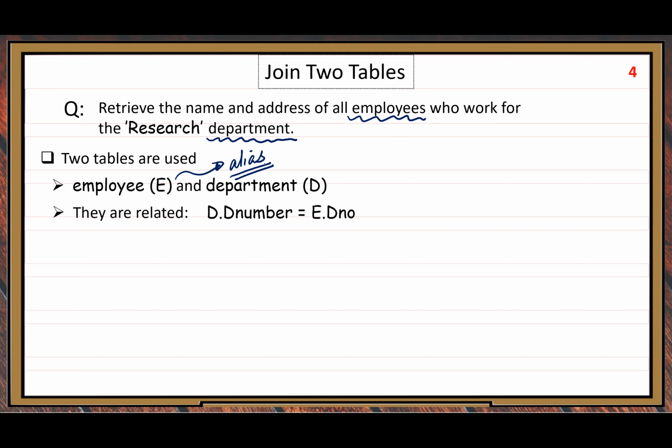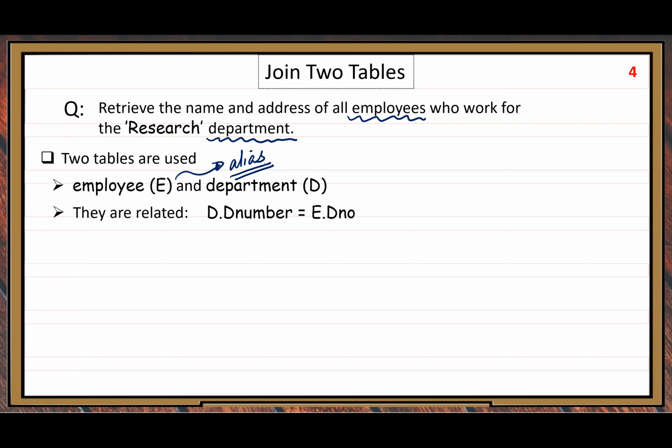Here I just tell you D dot Dnumber. Alias D, that department table, dot. We use the dot operator. Dot Dnumber, the department number in the department table, equals E dot Dno. In the employee table, there is a Dno field.